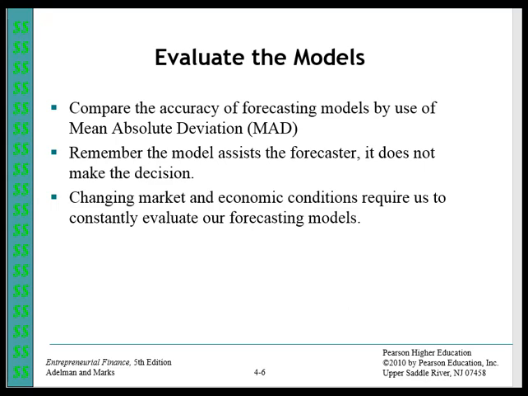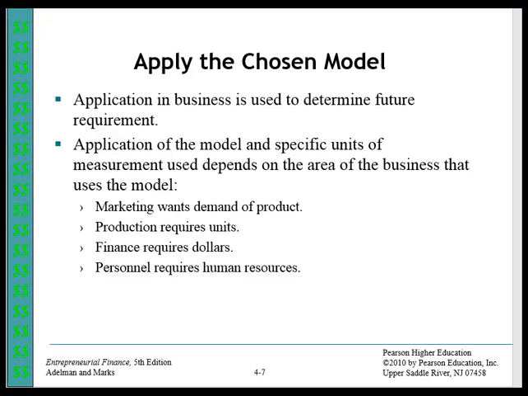This is going to help us figure out whether or not our model is correct, whether or not the time horizon is correct. But the changing world around us is going to require us to constantly look at our models and make changes as we go along. Of course, then we have to apply the model.